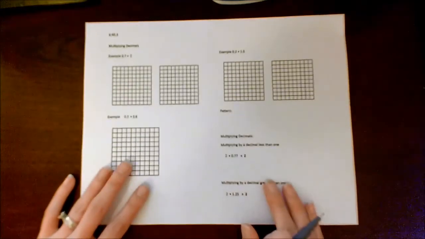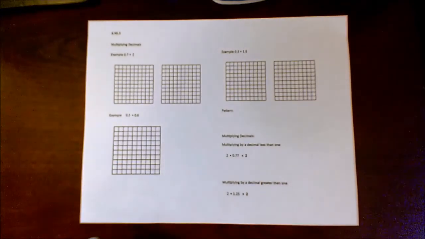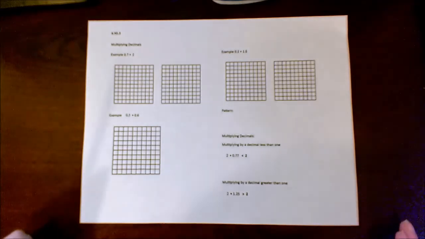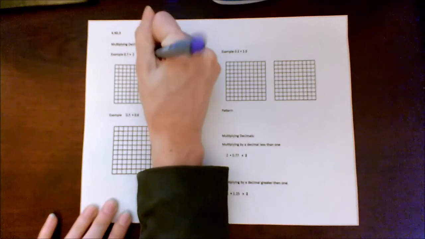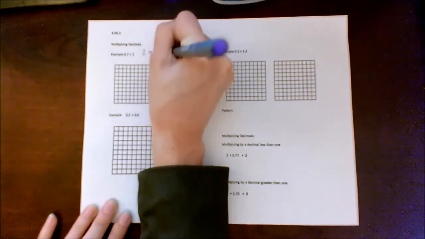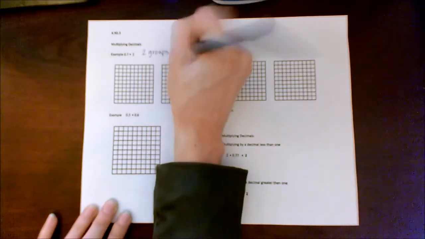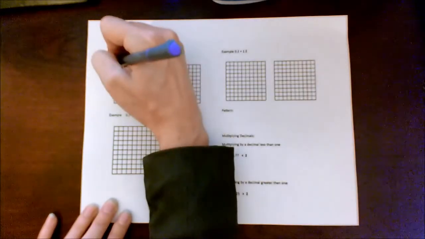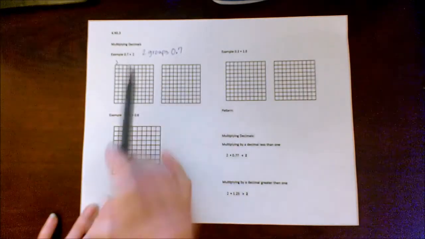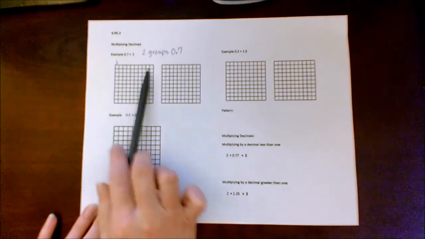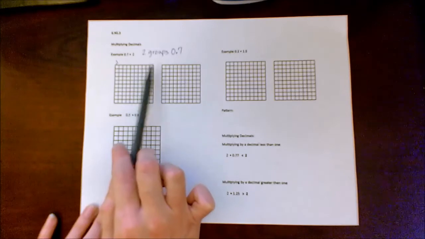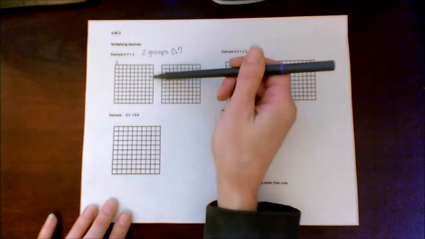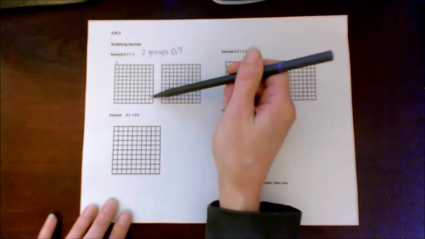Right here I have the example of multiplying 7/10 times 2. With that 7/10 times 2, we're really thinking that we have 2 groups of that 7/10. We should know that 7/10, this would be our tenth right here, that whole column. There are 100 of these little squares, 10 by 10.